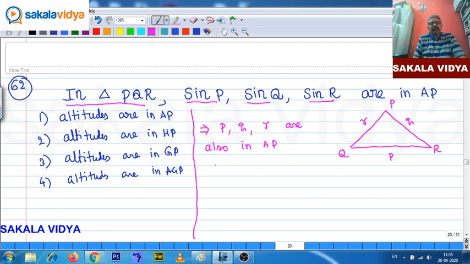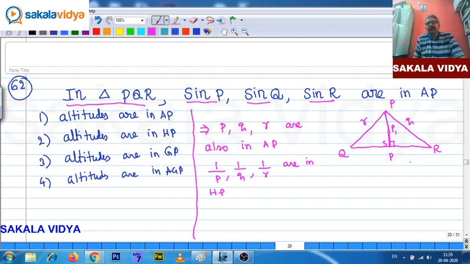The reciprocals, write down: 1 by p, 1 by q, 1 by r are in reciprocal of AP series, harmonic progression. I will tell you one here. Draw the perpendicular from P to QR. Say this is S. Now, for example, say this length, this is one of the altitudes, say p1.